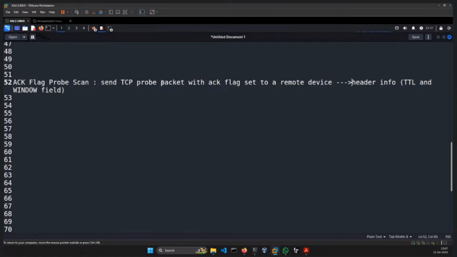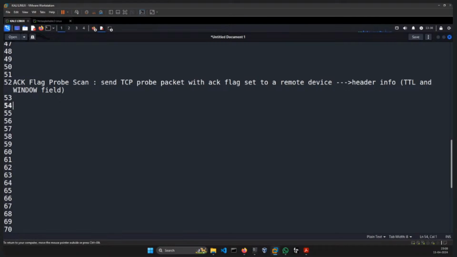Try to understand what I'm saying here: it sends TCP probe packets with the ACK flag set to a remote device, which is not us, not the local device, a remote device. And in the response, they analyze the header information that contains this TTL, time to live, and the window field.